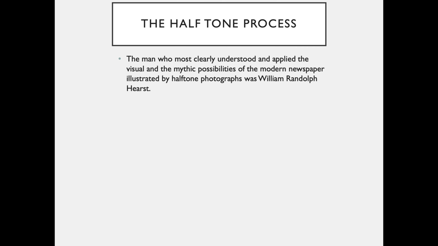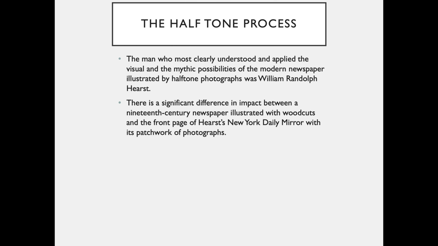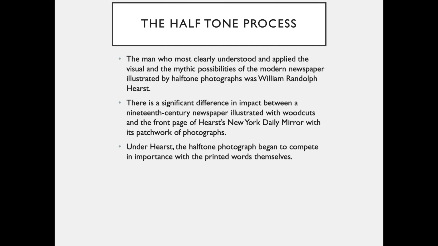The man who most clearly understood and applied the visual and the mythic possibilities of the modern newspaper illustrated by halftone photographs was William Randolph Hearst. There is a significant difference in impact between a 19th century newspaper illustrated with woodcuts and the front page of Hearst's New York Daily Mirror with its patchwork of photographs.